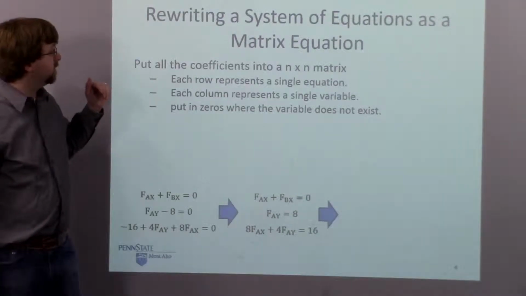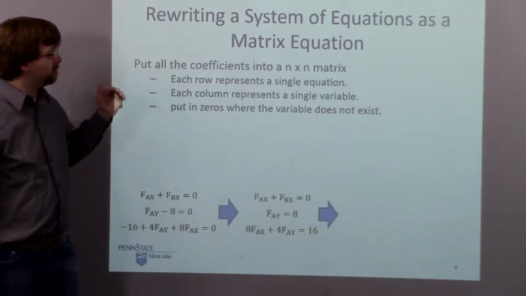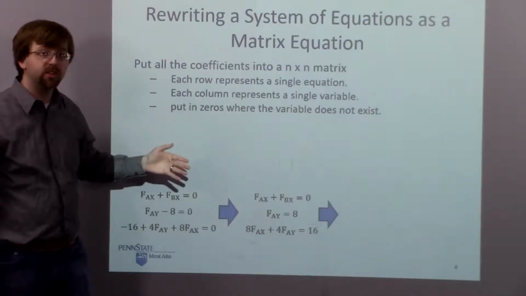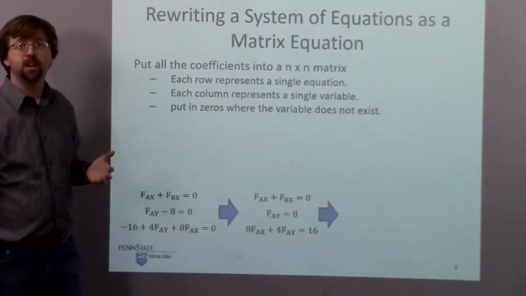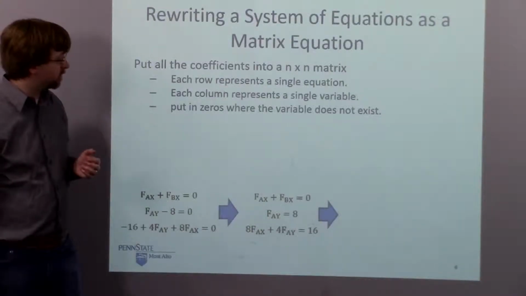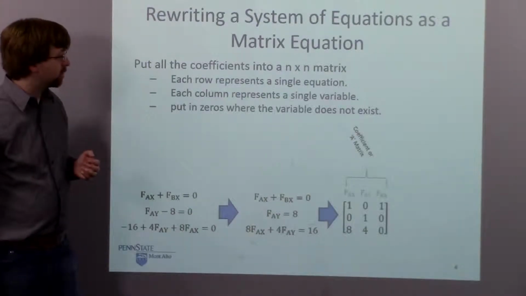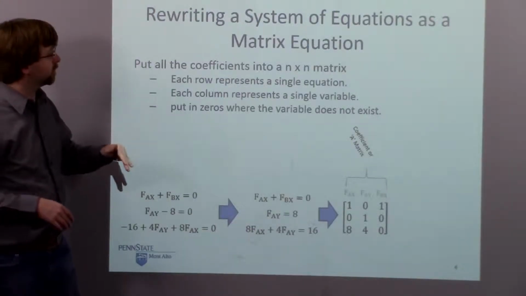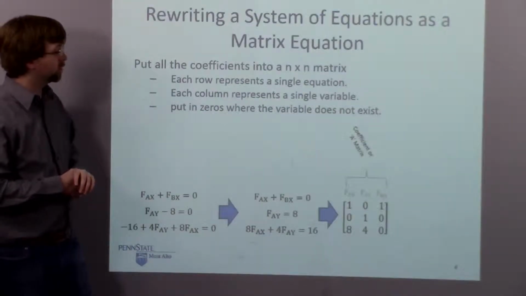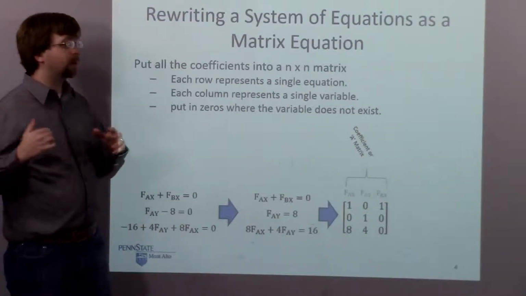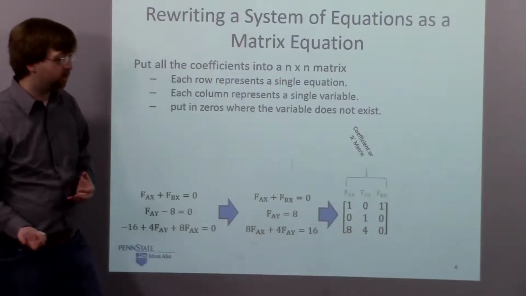These coefficients are going to go in an n by n matrix, where n is the number of equations, and it should also be the same as the number of unknowns that we are solving for. So each row represents a single equation, and each column represents a single variable. And we put zeros where the variable does not exist in that equation.